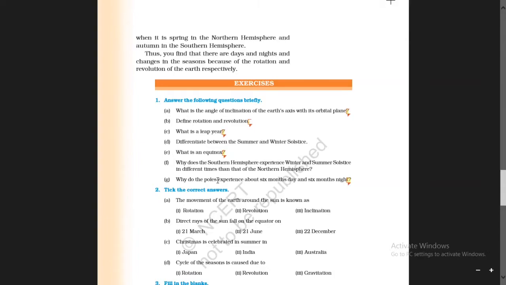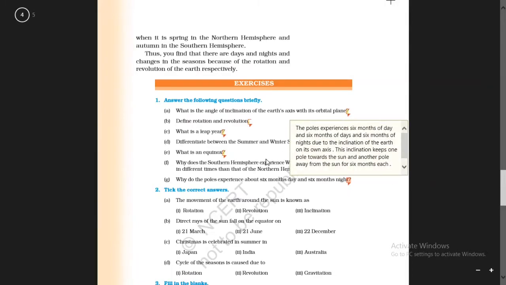Why do the poles experience about 6 months day and 6 months night? What is the reason behind it? Let us see. You will give the answer like this. The poles experience 6 months of day and 6 months of night due to the inclination of the earth on its own axis.